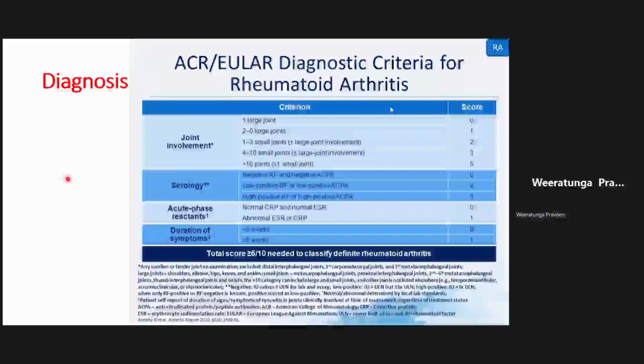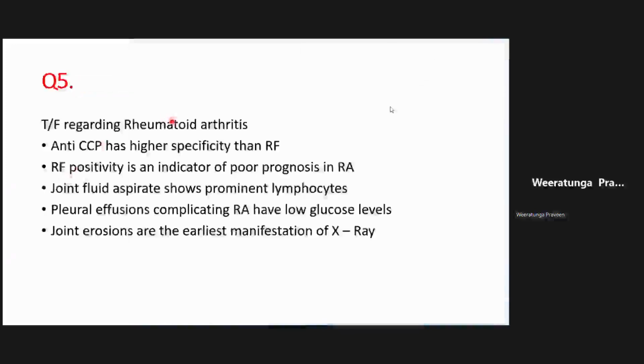Now, if you take the serology or the immune criteria, you have anti-CCP and rheumatoid factor. Anti-CCP is supposed to be more sensitive and specific than rheumatoid factor for rheumatoid arthritis, and it is associated with early disease. So anti-CCP can be used to diagnose quite early disease.